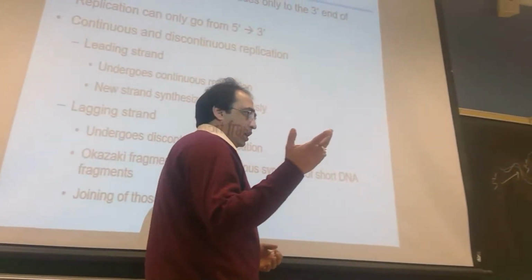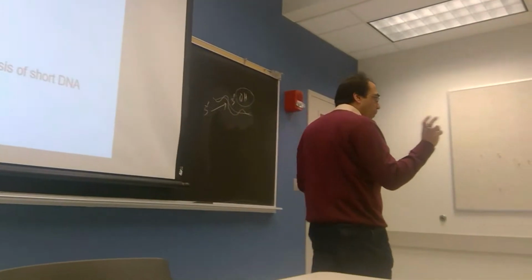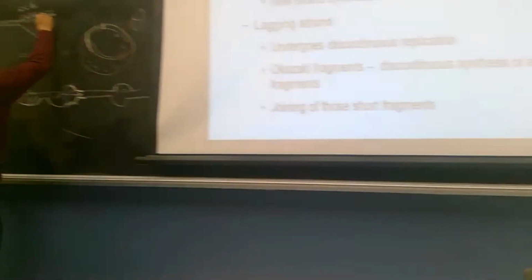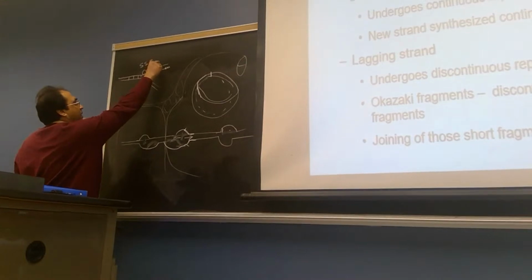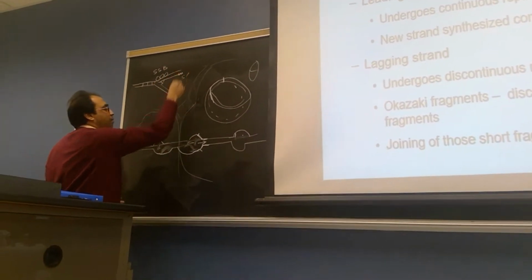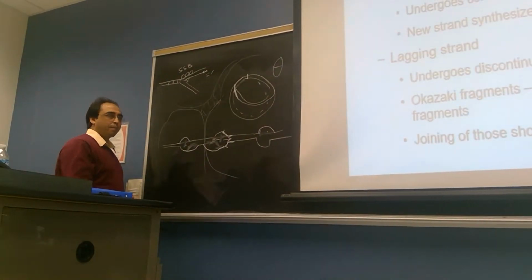We know that nucleotides will only be added to the open OH group. That is the 3' region. So here it is the 3' open OH group. So this is 3', this is 5'. The new DNA synthesis will be in that way, 5' to 3'.